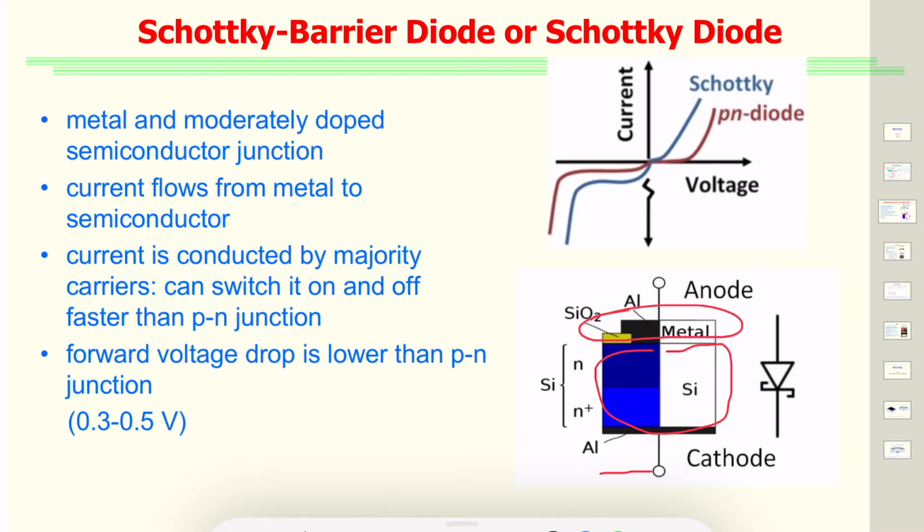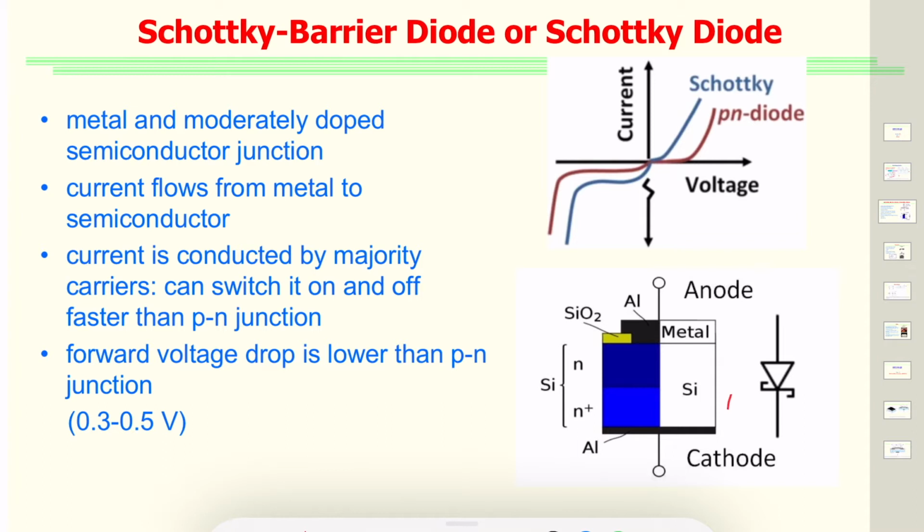There is other information, aluminum, silicon dioxide. In real devices, we would have much more detail into how it is formed, but generally a Schottky barrier diode is created by direct metal contact with a lightly doped or moderately doped semiconductor material, N-type especially, because we are talking about materials which will be conducting electrons.